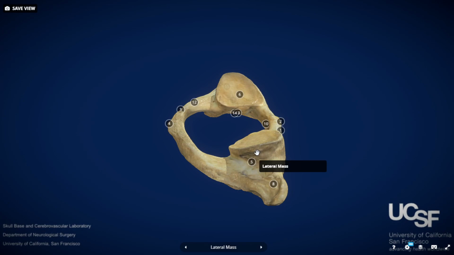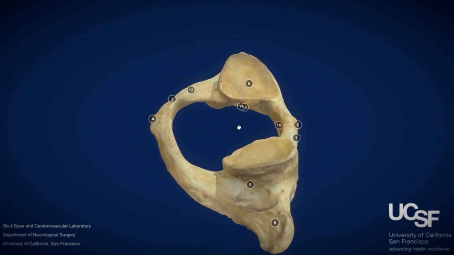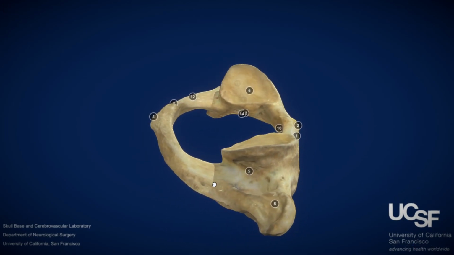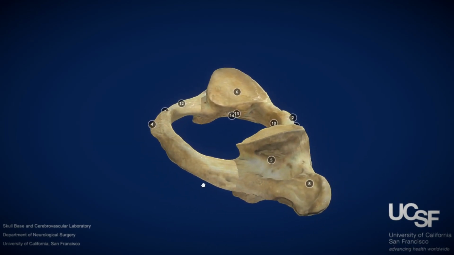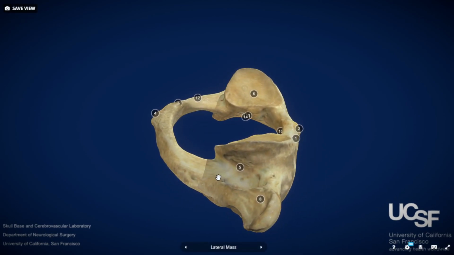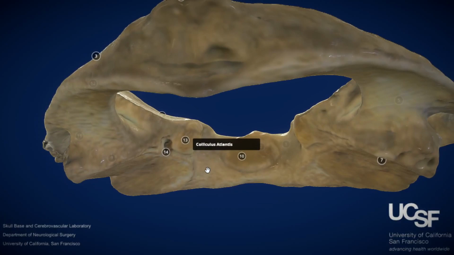The lateral masses can be found between the anterior and posterior arches, and these are also the weakest points of the vertebra, a common place for the fracture called Jefferson's fracture. Medial to this structure, we have the colliculus atlantis that serves as an attachment for the transverse ligament.